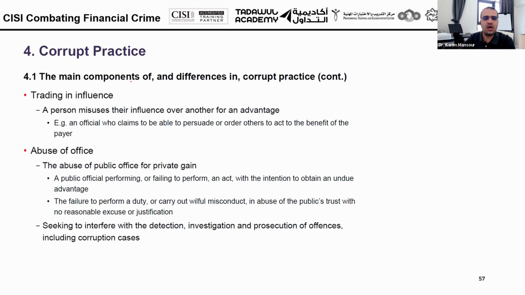The main components of and differences in corporate practice, let's continue. Trade in influence. A person misuses their influence over another for an advantage. For example, an official who claims to be able to persuade or order others to act to the benefit of the payer. Sort of saying, I'm the mayor of this town, what do you want?